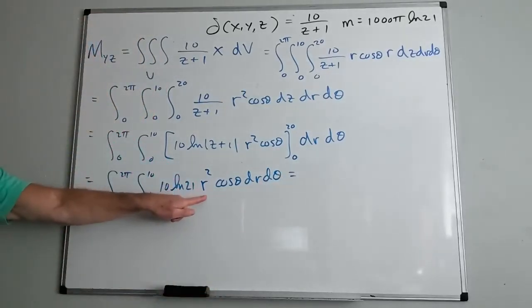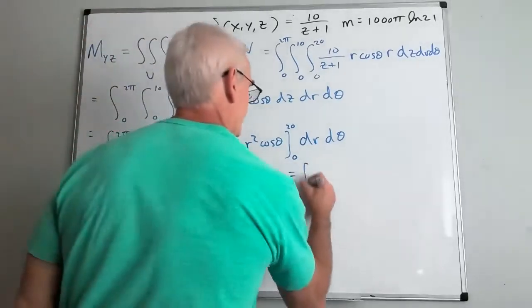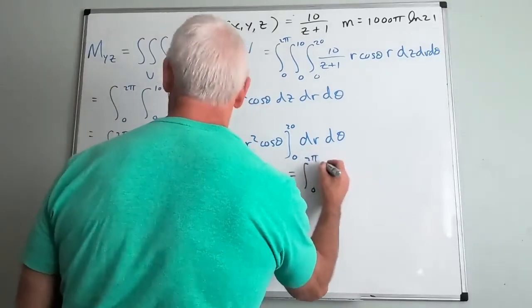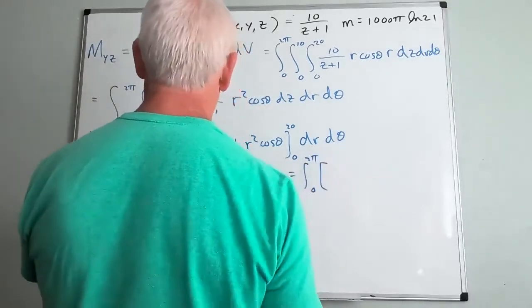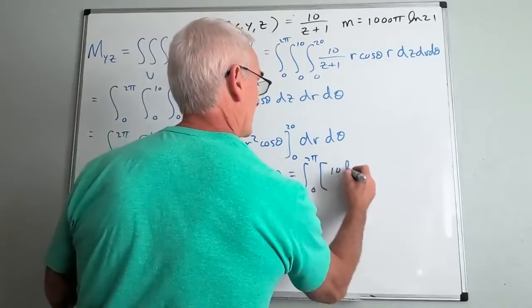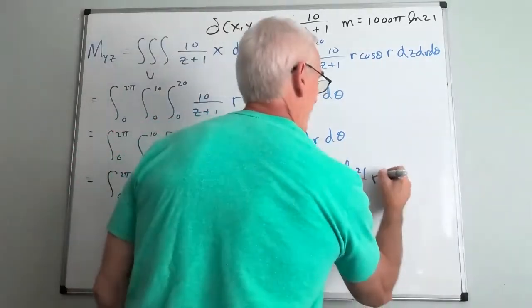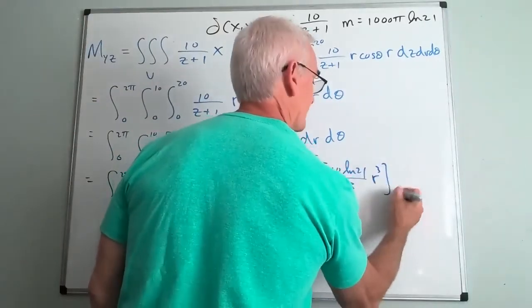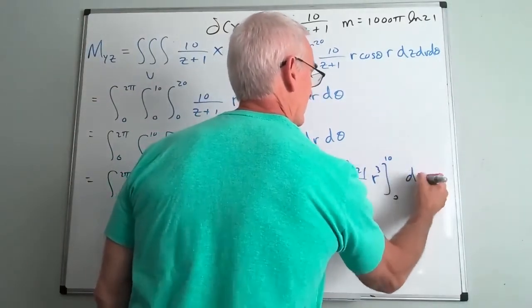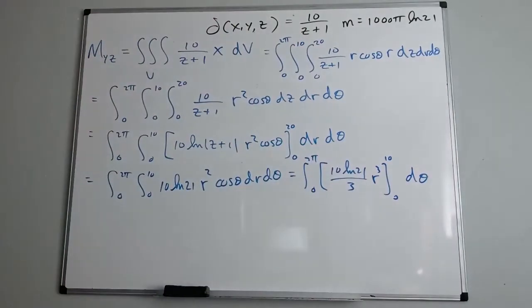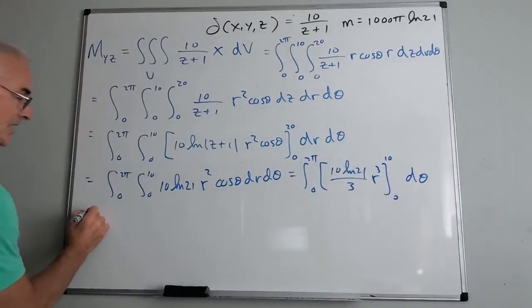So 1/3 r cubed. I'll write that as 10 log 21 over 3 times r cubed from 0 to 10 d theta. Okay, this looks kind of treacherous.